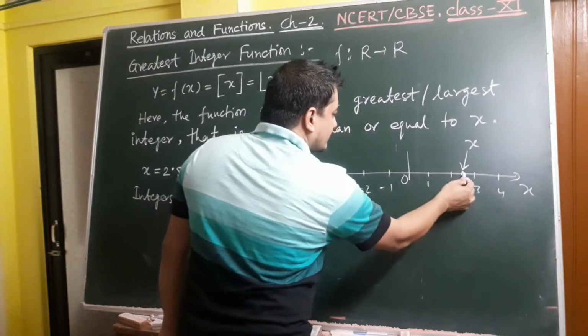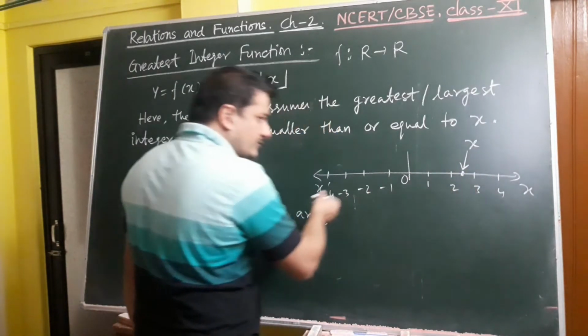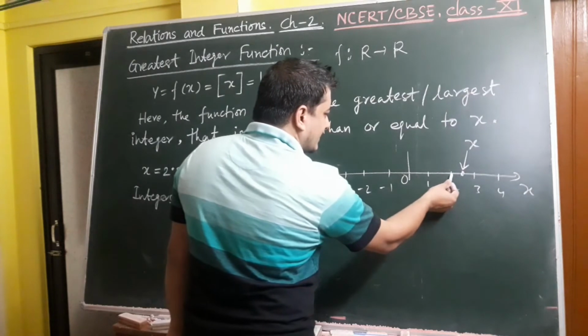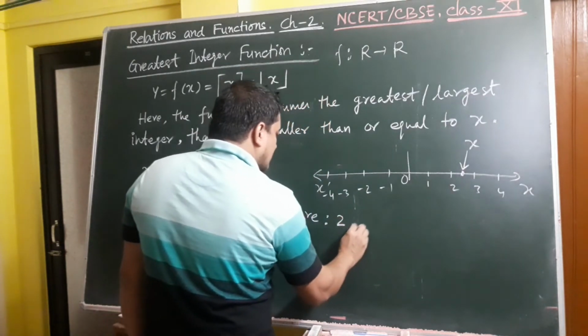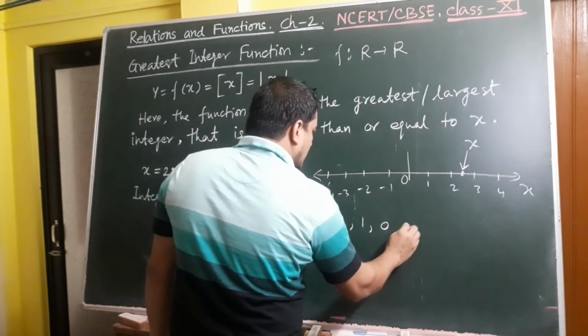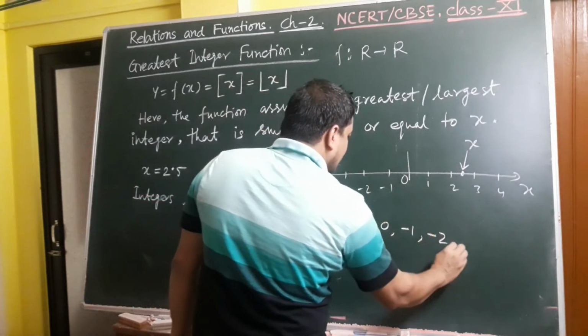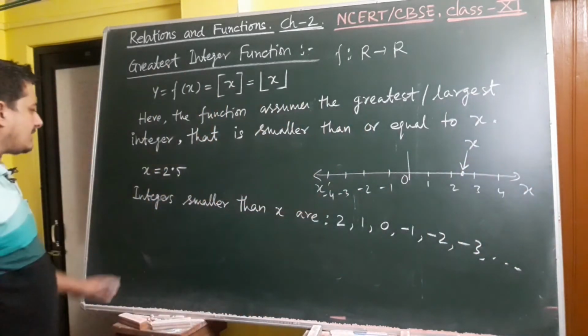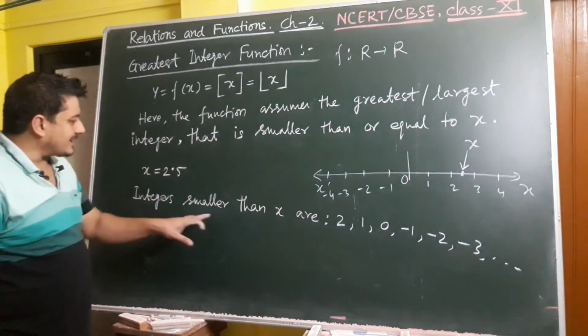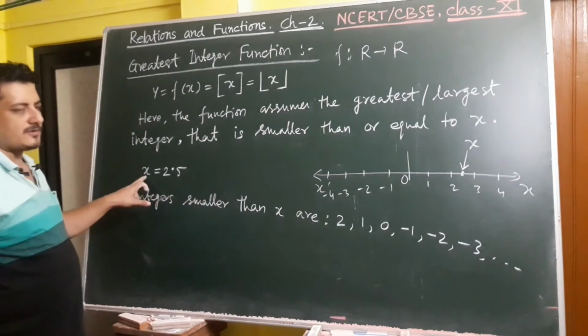It is 2.5, so smaller than means you move towards the left. The first integer that you encounter is 2, then 1, then 0. So I'll write all the numbers: 2, 1, 0, minus 1, minus 2, minus 3, and it goes on like this. There are infinite number of smaller integers than this value of x.